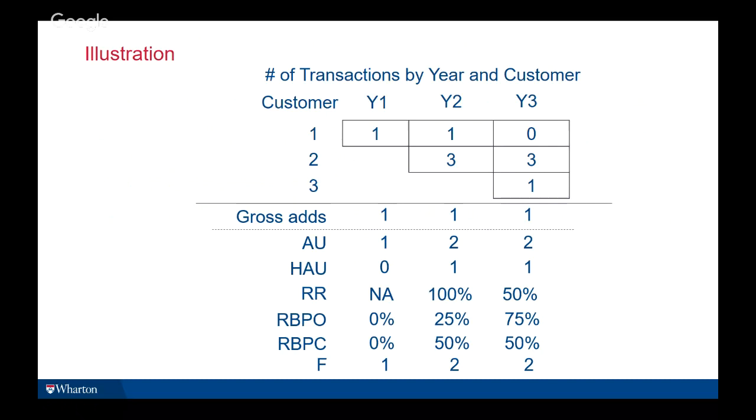That's right. Another way of thinking of it is, in year 3, if customers 1, 2, and 3 had 0, 2, and 2 purchases, this would again be an average purchase frequency of 2.